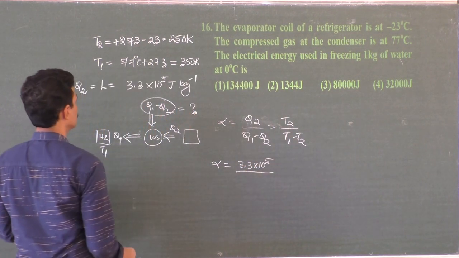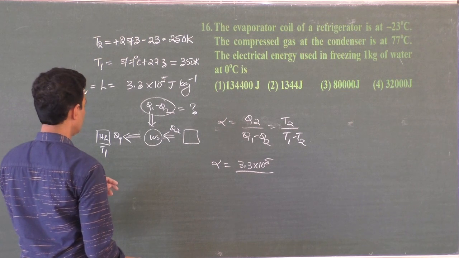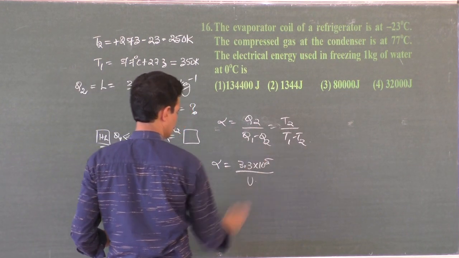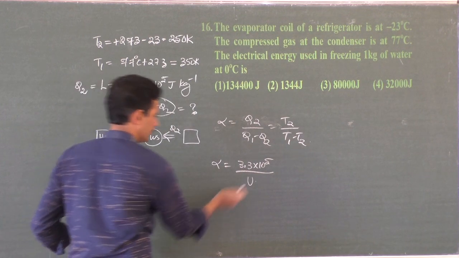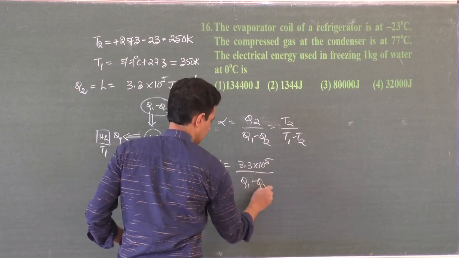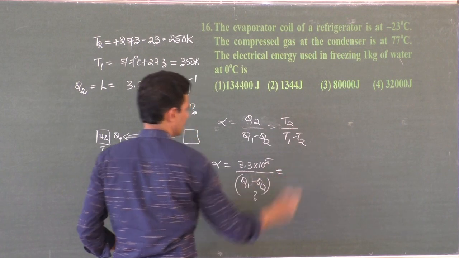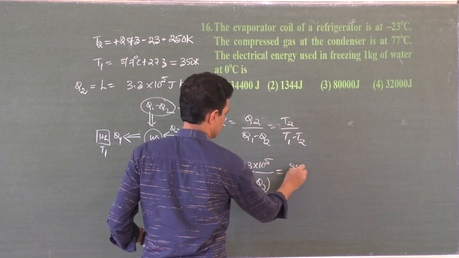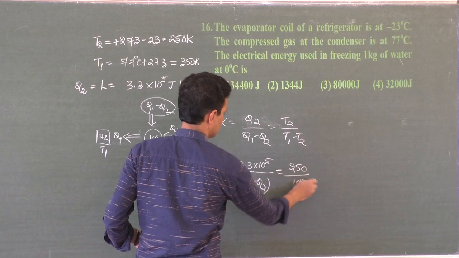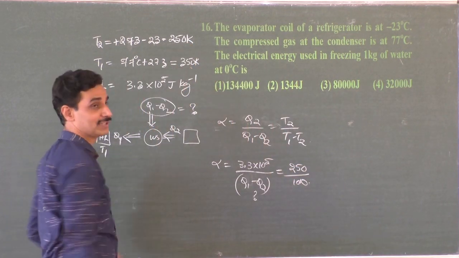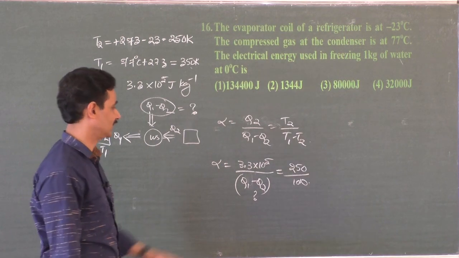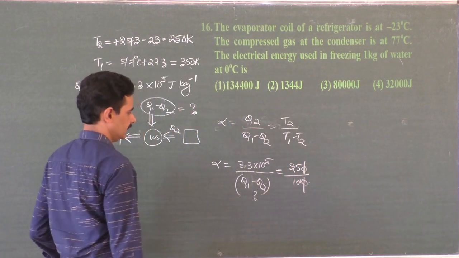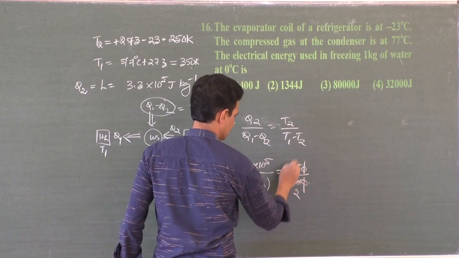Q1 minus Q2, the energy used, is what you have to find out, which is equal to T2 by T1 minus T2, that is 250 divided by 100. Now I don't commit the same mistake as last time. I don't substitute 350; it is 350 minus 250, which is 100. The zeros get cancelled. It is 2 times. This is 5 times.